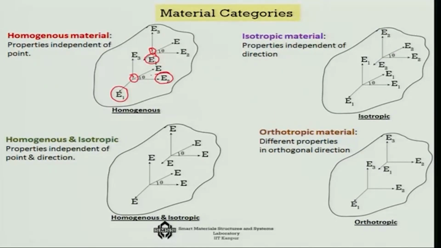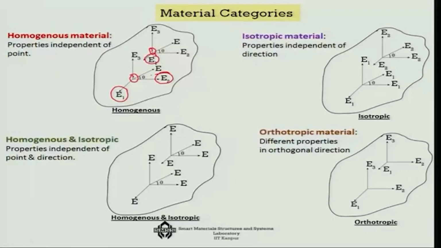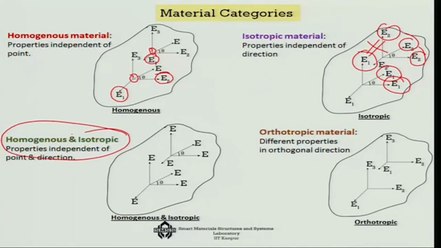So, that is a homogeneous material, where at different points you get the same pattern of modulus of elasticity. For isotropic, it is direction independent. You get E1 in all the directions at a particular point. But if it is not homogeneous, then at a different point you get E2 in all the directions, and E1 and E2 are not the same. If they are the same, then it becomes a homogeneous and isotropic material.